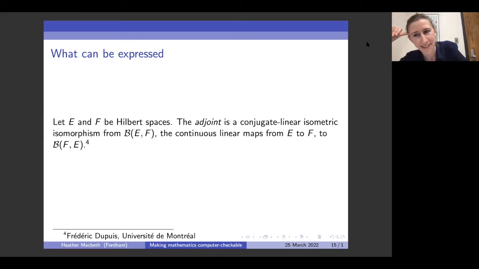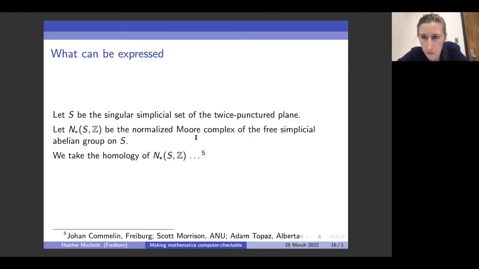That's a construction on top of a construction on top of a construction, but it works just fine. And of course, you want to be able to do that because that's what the adjoint is. So this is joint work by Frédéric, by Scott Morrison at the ANU in Australia, and by Adam Topaz in Alberta.